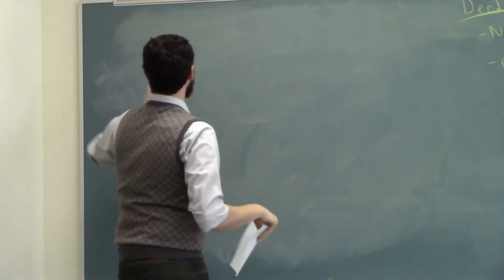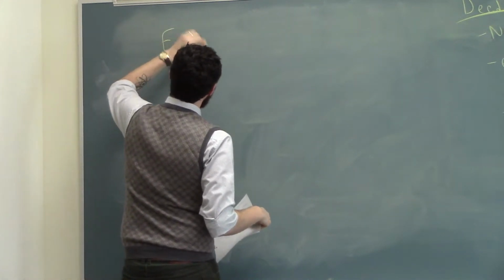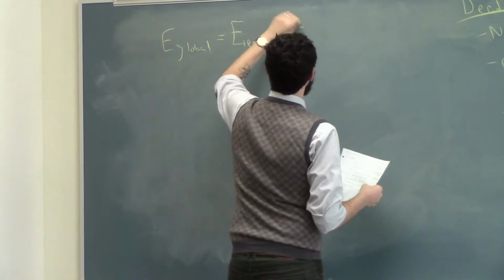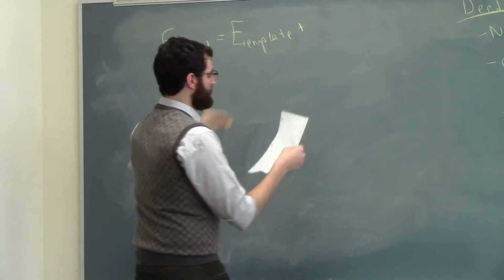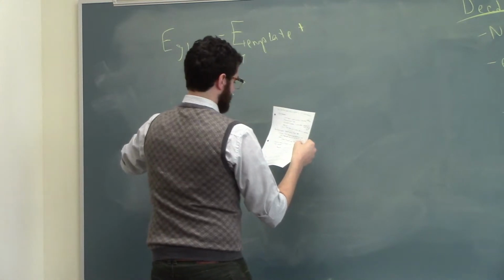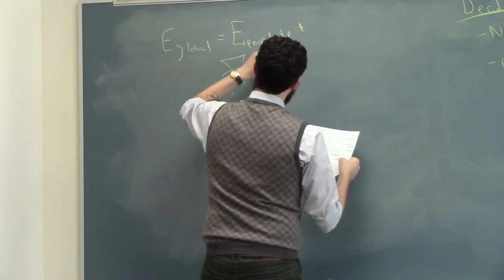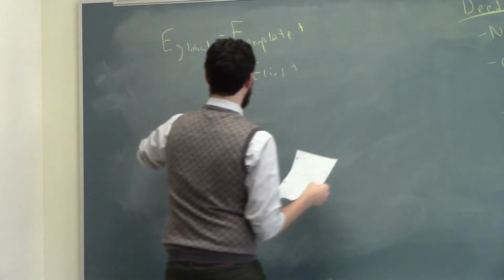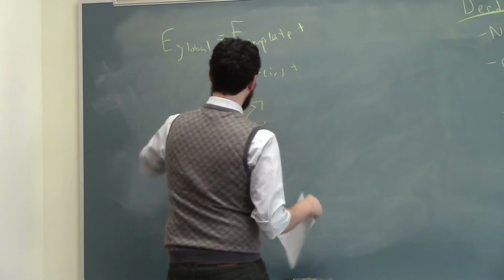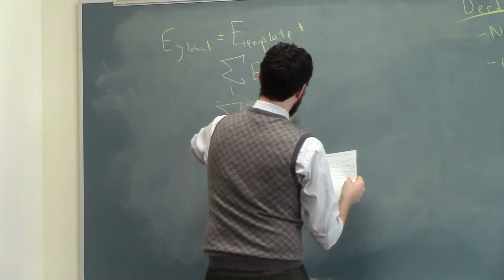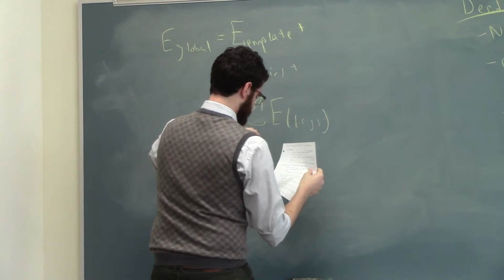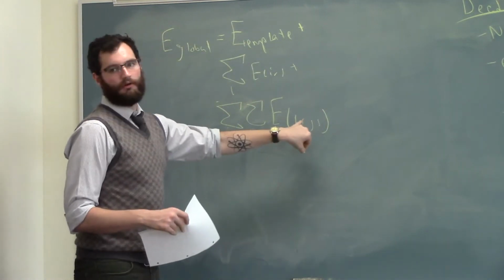So, using those three terms, we're going to say that our global energy is the sum of the template energy, plus the sum over all positions i of E(ir), plus the double sum of i, r and j, s interacting with each other.